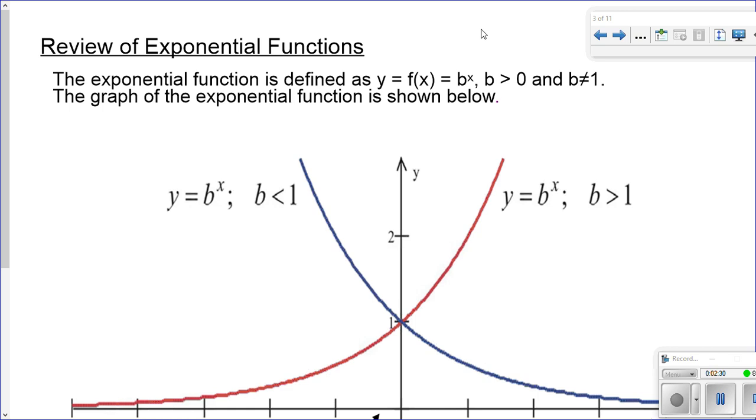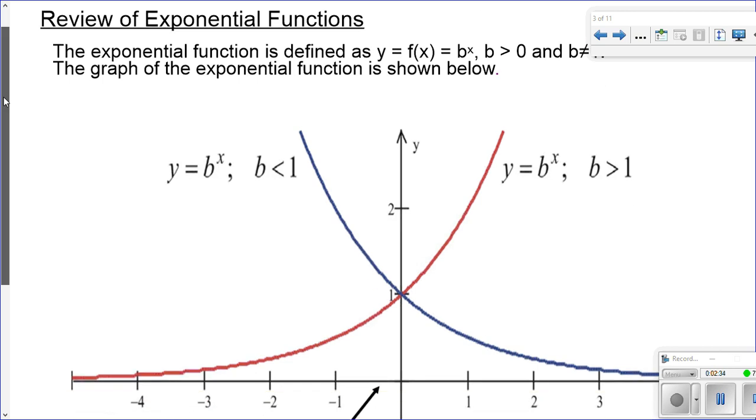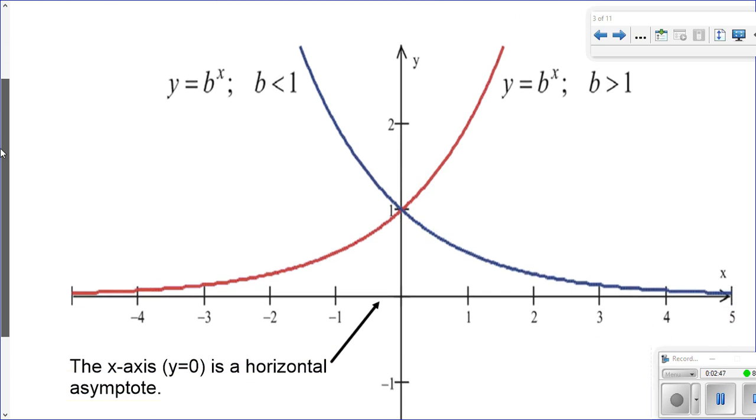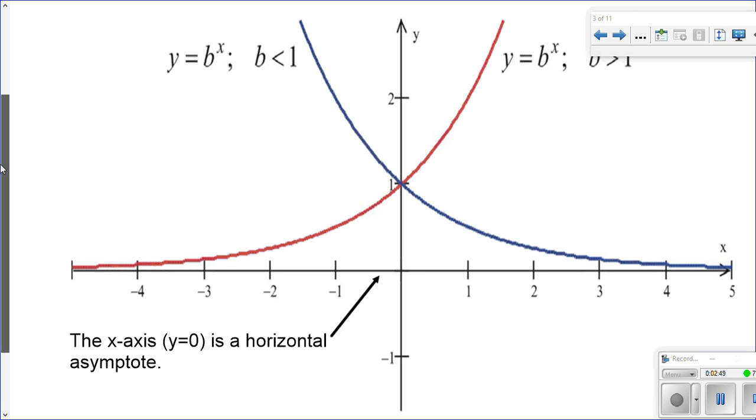Okay, so in the review of logarithms, we talked about these two basic exponential functions. When the base is less than 1, we follow the blue function, and when the base is greater than 1, we follow the red function. And notice that there's a horizontal asymptote at the line y equals 0, that's the x-axis.